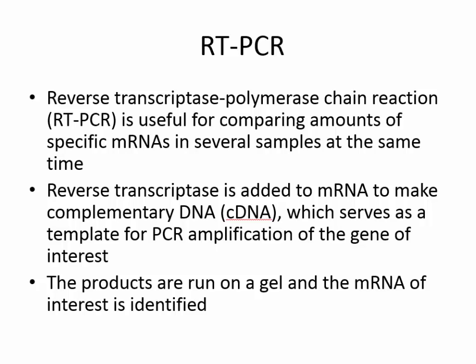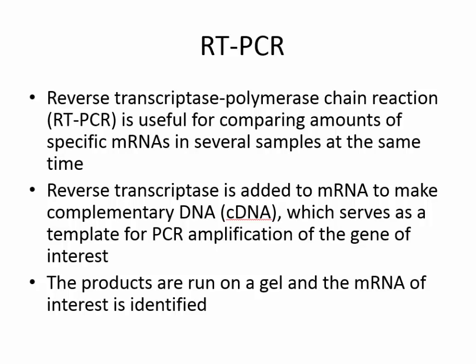Another really good assay or biotechnology technique is reverse transcriptase polymerase chain reaction. So that's RT-PCR, and it's useful for comparing amounts of specific messenger RNAs in several samples at the same time. Reverse transcriptase is added to messenger RNA to make complementary DNA, which serves as a template for PCR amplification of the gene of interest.